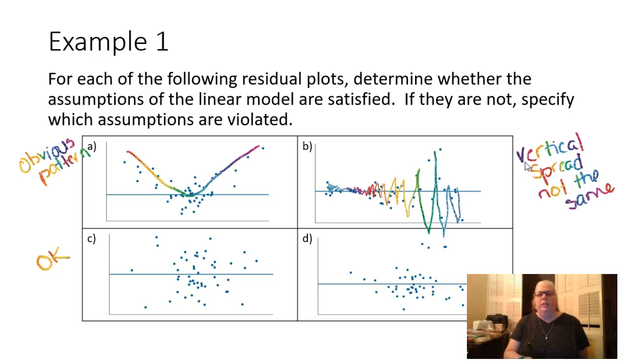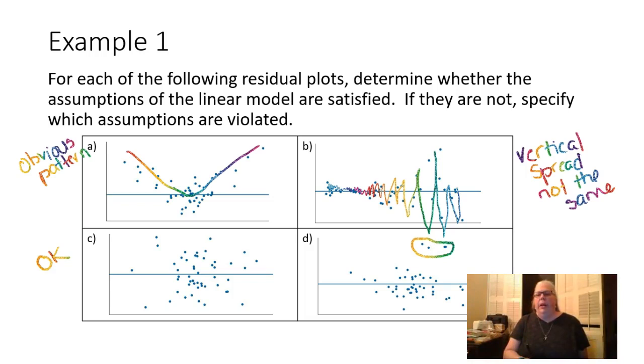All right, let's look at plot D. We've got a cluster of dots down here, keeping close to the line, and then a few of them coming off down here. We don't really have a pattern going on here, so that would be okay. But the vertical spread has been violated here, mainly because these three points seem to be outliers.